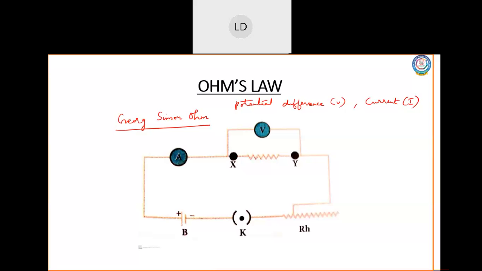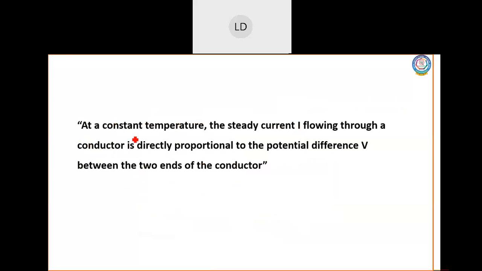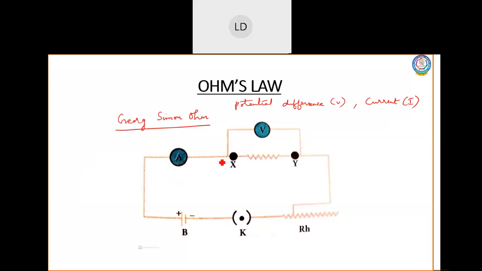So what is Ohm's law? Now this is a circuit diagram to study Ohm's law. Look at this. This is Ohm's law, at constant temperature. This is the condition. At constant temperature, the steady current. Ohm's law does not hold good if steady current is not given. Steady current means DC. I connect the circuit to a battery, and a battery always gives DC current.